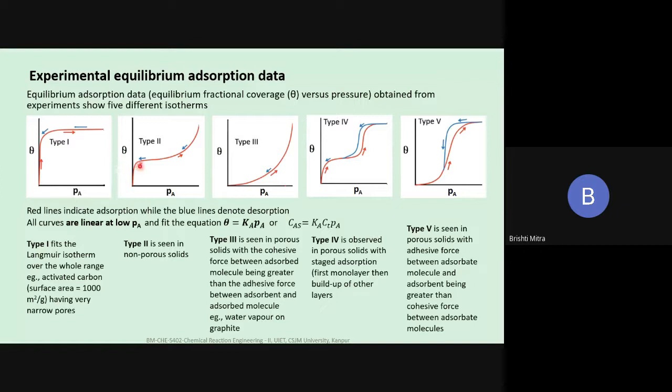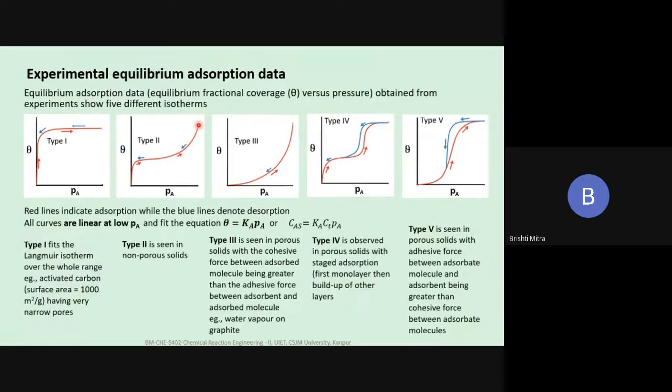Here it increases, but instead of becoming flat, there is again an increase in this kind of curvature. Then we have a type 3 where the curvature is completely different right from the bottom. Then we have a type 4 where it goes up, flattens out, then again increases and flattens out. Type 5 is almost close to type 4, but the nature is slightly different.